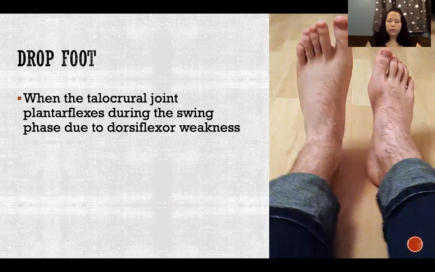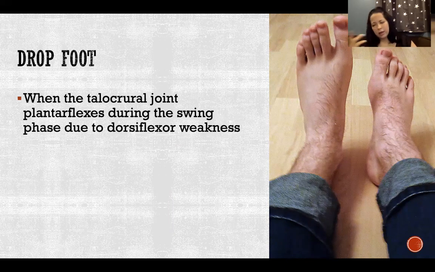Drop foot is when the talocrural joint plantar flexes during the swing phase due to dorsiflexor weakness. So equinus, we really see at heel strike because they're forefoot striking instead of heel striking, and not in a forefoot running type way, not in a normal, healthy, selected gait.